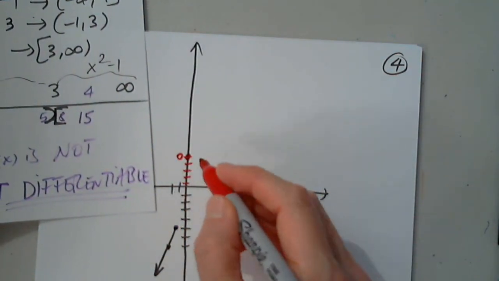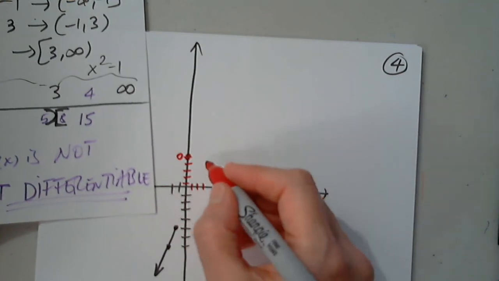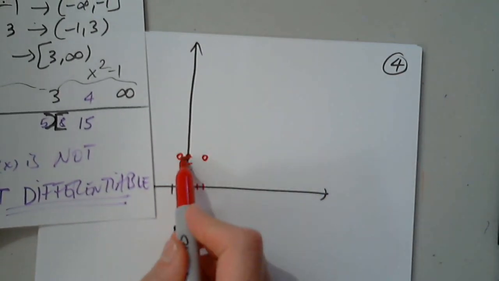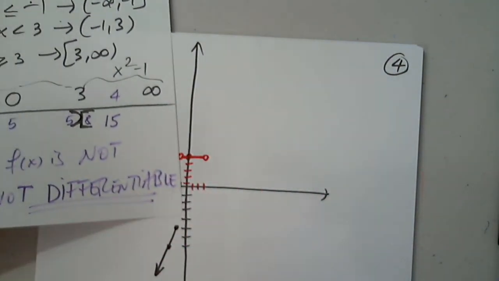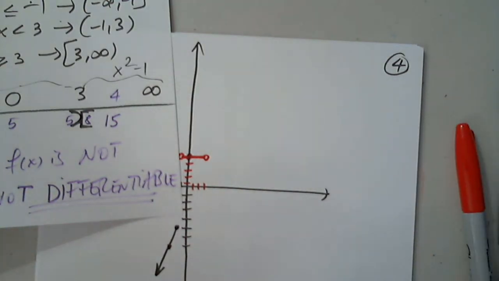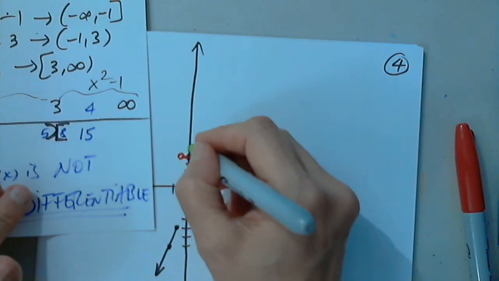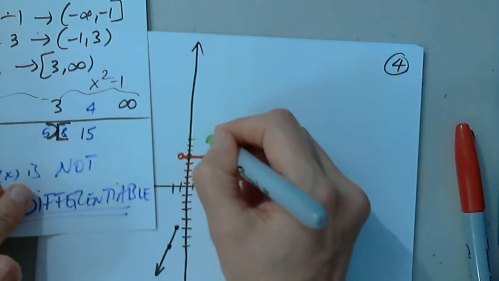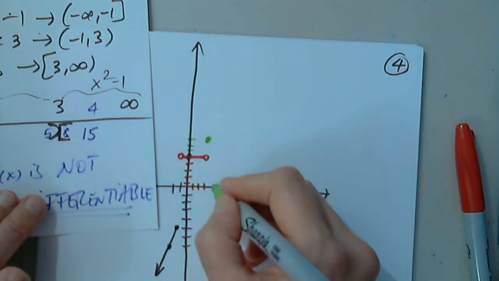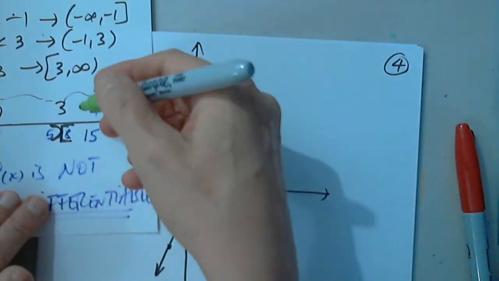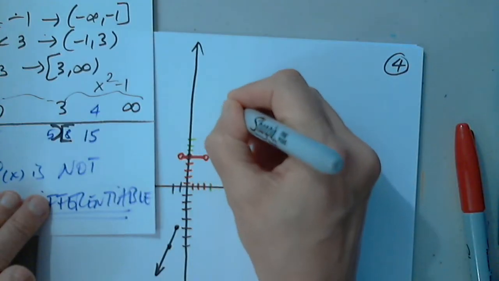Then (0, 5), 1, 2, 3, an open point. (3, 8). (4, 15). But I know it's a quadratic function.